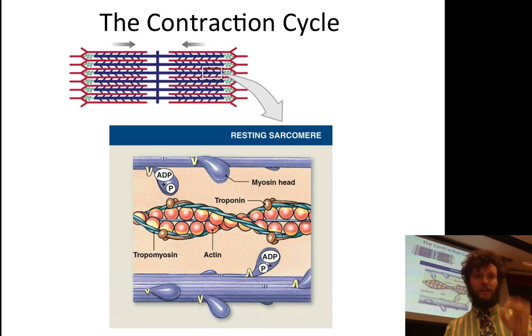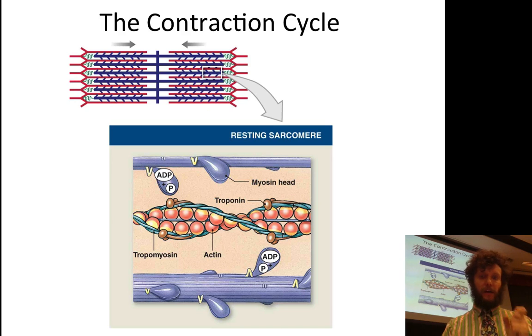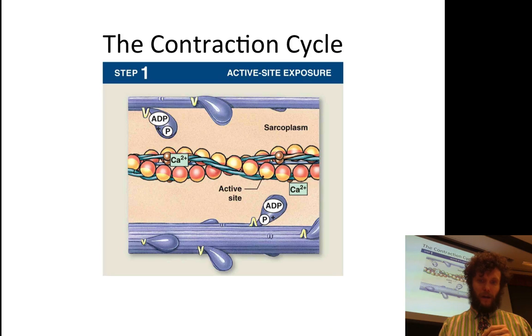All right, so here is the contraction cycle. This was excitation-contraction coupling. Here is the contraction cycle. Resting sarcomere. Calcium comes in, binds troponin, rolls the tropomyosin off the F-actin strands, and enables cross-bridge formation.